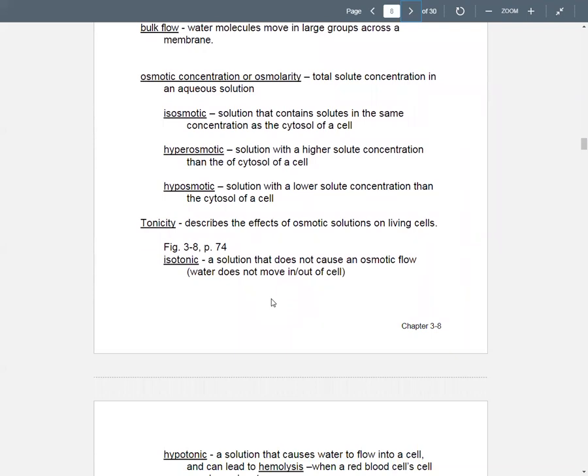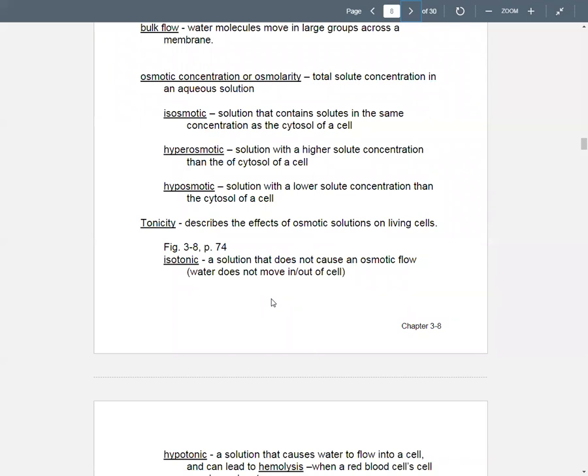All right, you also need to know about osmotic concentration, or another term for that is osmolarity. So here you have the total solute concentration in what we call an aqueous solution. One type of that solution is isosmotic, and iso means what?